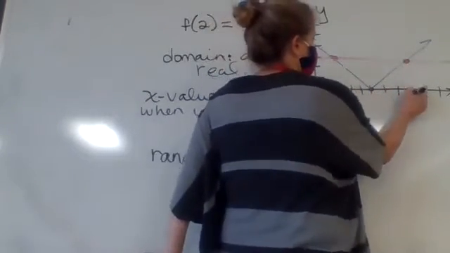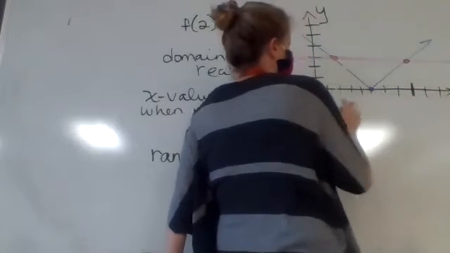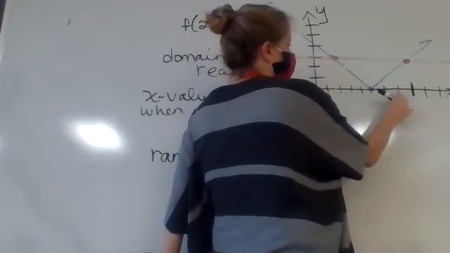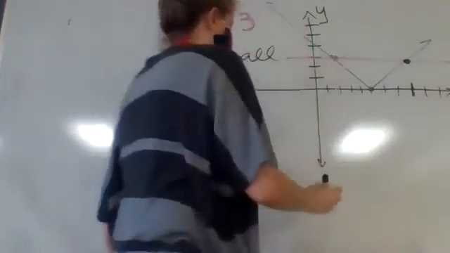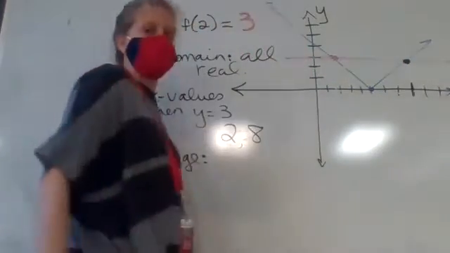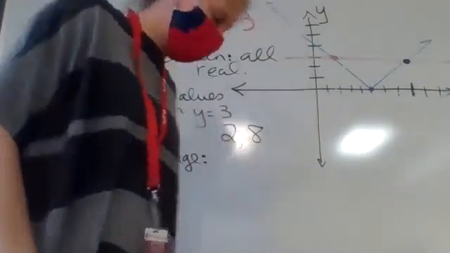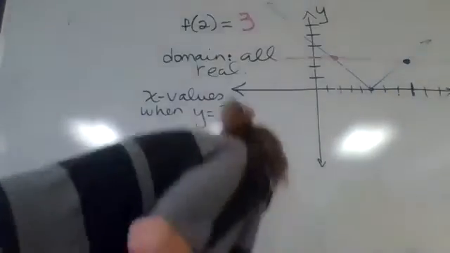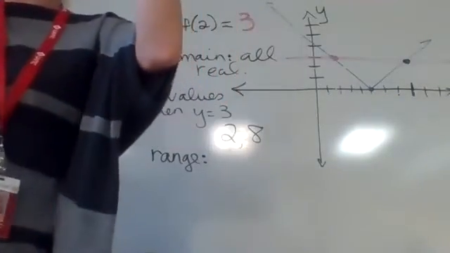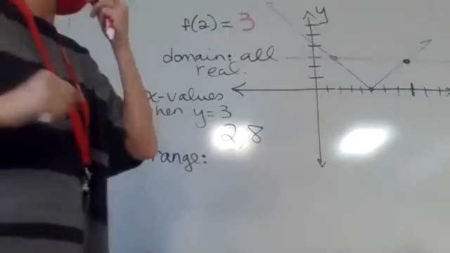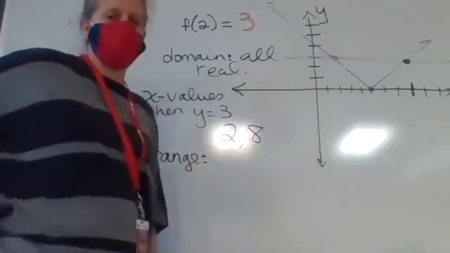It looks like it's lined up right here. So 1, 2, 3, 4, 5, 6, 7, 8. So this one's x value would be 8. So when y is 3, I have 2 different points that have the y coordinate of 3, and their x coordinates that go with them are 2 and 8.